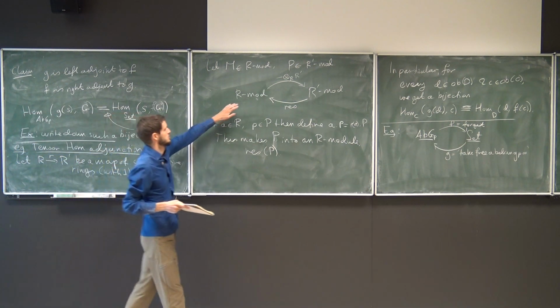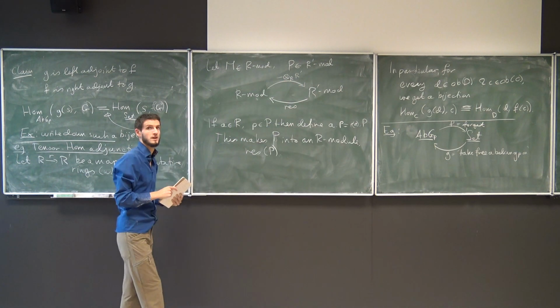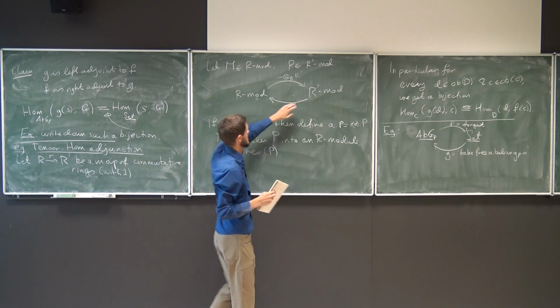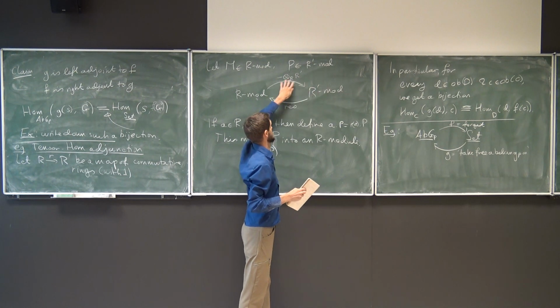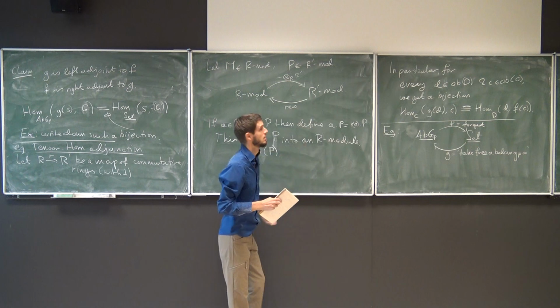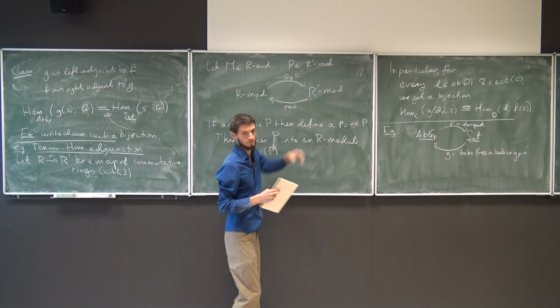So if I have an R module, I can tensor it over R with R prime, and I get a new R module. But actually this becomes naturally an R prime module: I need an action of R prime on this thing, and I just act by multiplying on the right-hand vector. So this takes an R module and spits out an R prime module.